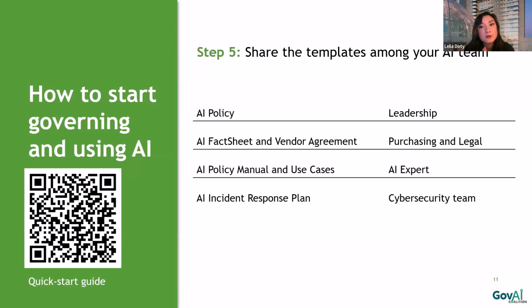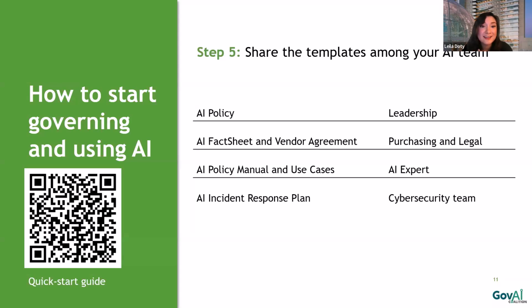This manual includes a step-by-step on how to actually do a risk analysis of an AI system, and how to conduct a procurement review of a new AI tool. So this is a really critical document for practitioners who are carrying out AI governance in the field. And in addition to the manual, the AI expert will also need to be well-versed with the use case guides.